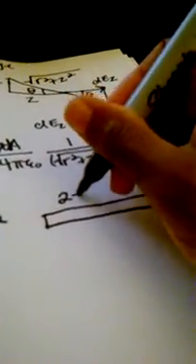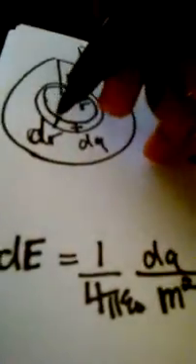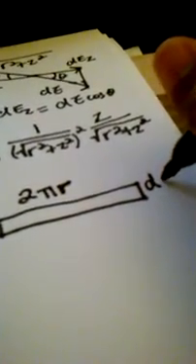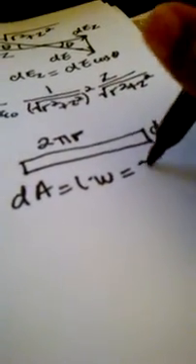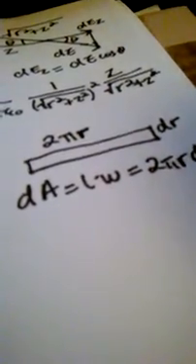So it's going to be the circumference of the circle, 2 pi r on this part, and then this little sliver here is just this little dr part, right? And so now we know the area of a rectangle is just length times width. So this dA ends up being 2 pi r dr.